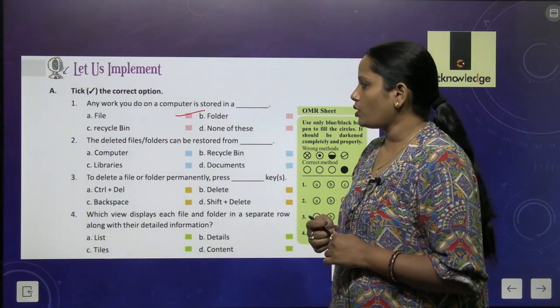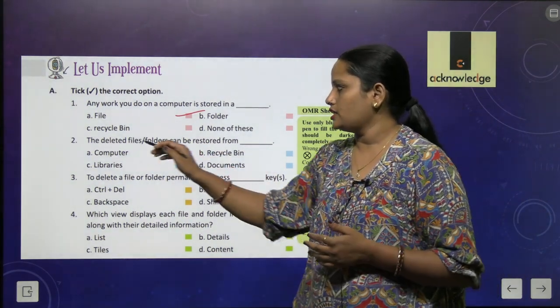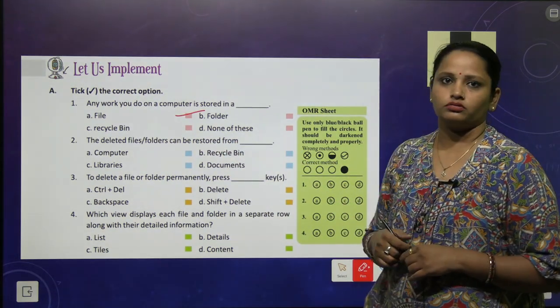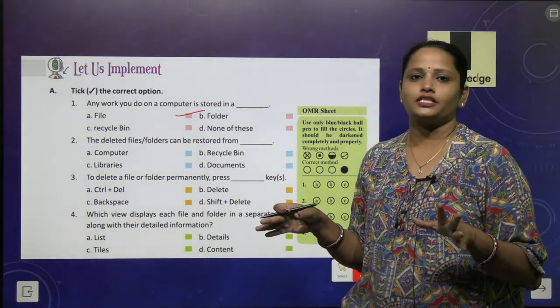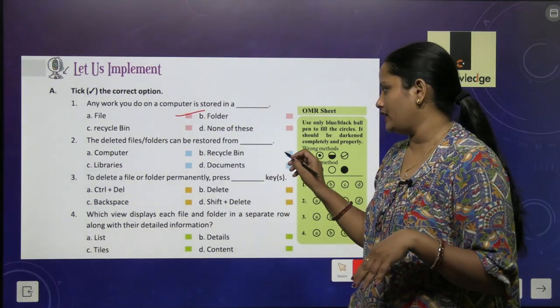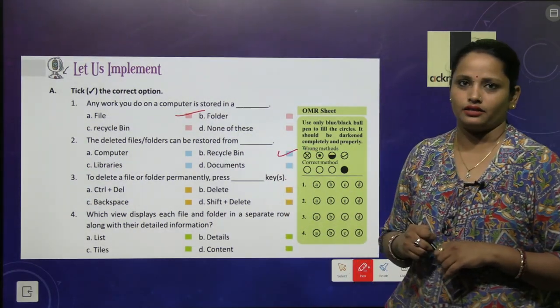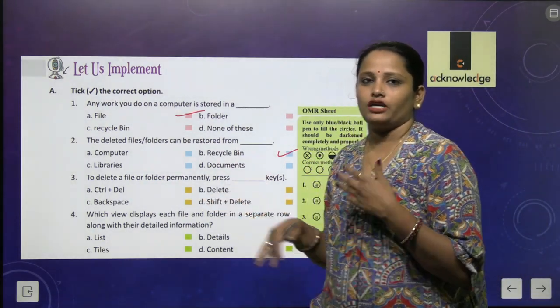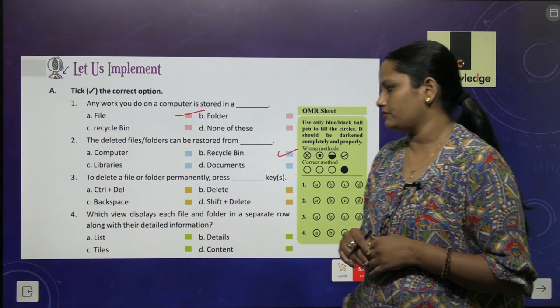Next question says, the deleted file or folder can be restored from dash. So whenever we have deleted something, where can we restore it from? Yes, from the recycle bin, because the deleted file goes there and we can restore it from the recycle bin.